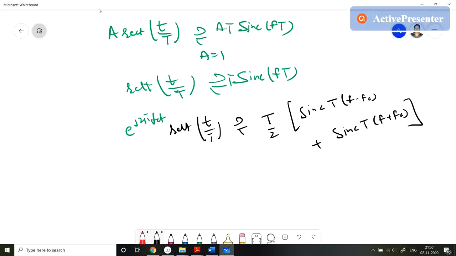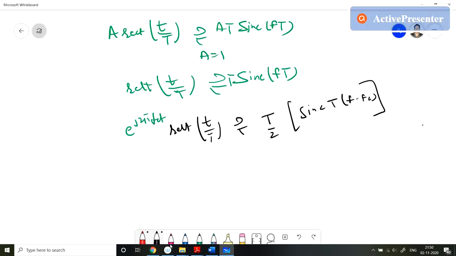So this is G f, and this is simply a frequency shifting operation.